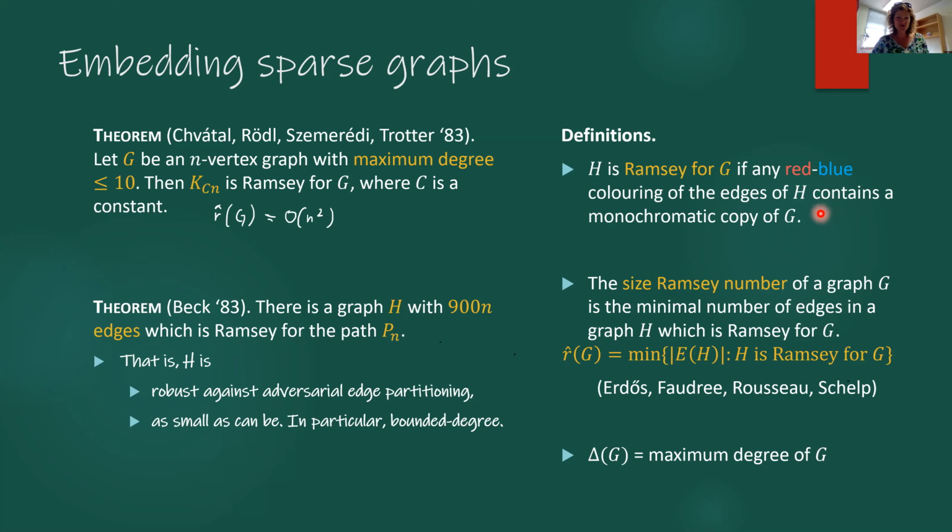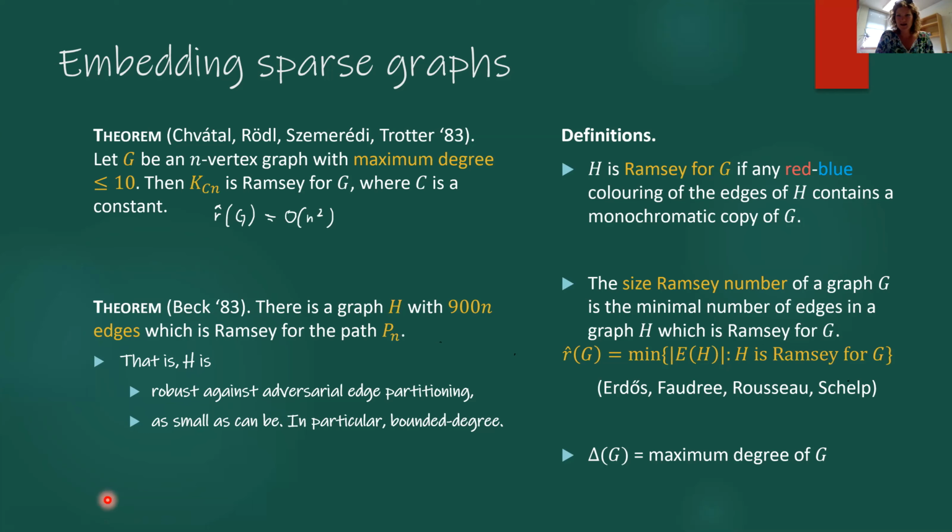No. Sorry. So edge partitioning is just another way to say coloring, and that's again one piece of jargon that I probably shouldn't use. So really, the enemy gets the graph H, so just the original graph H, and the enemy then gets to color the edges of H red and blue, and their aim is to avoid a monochromatic path.